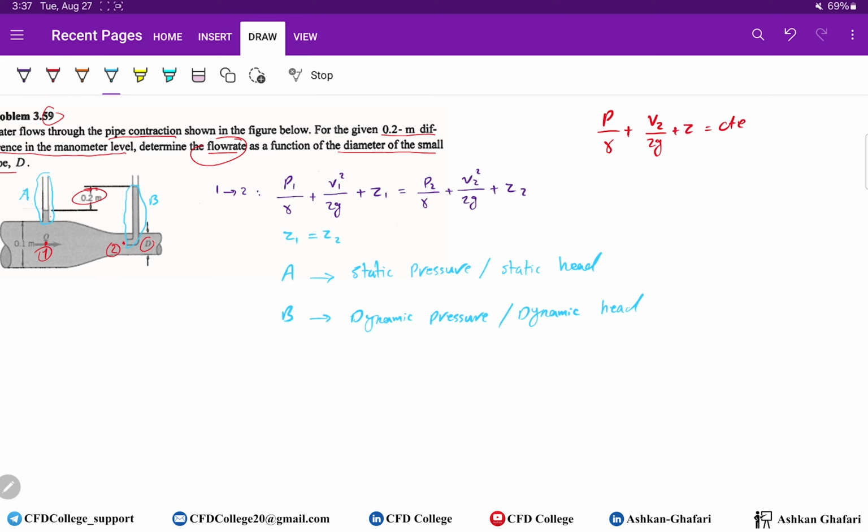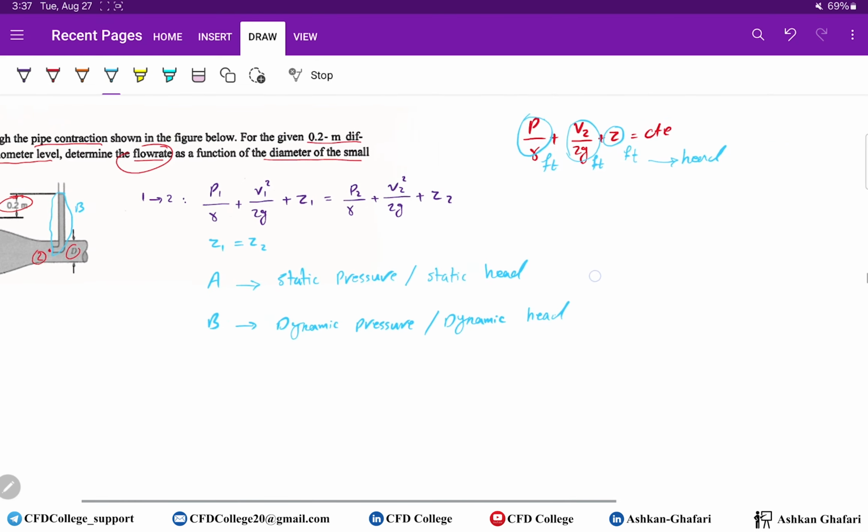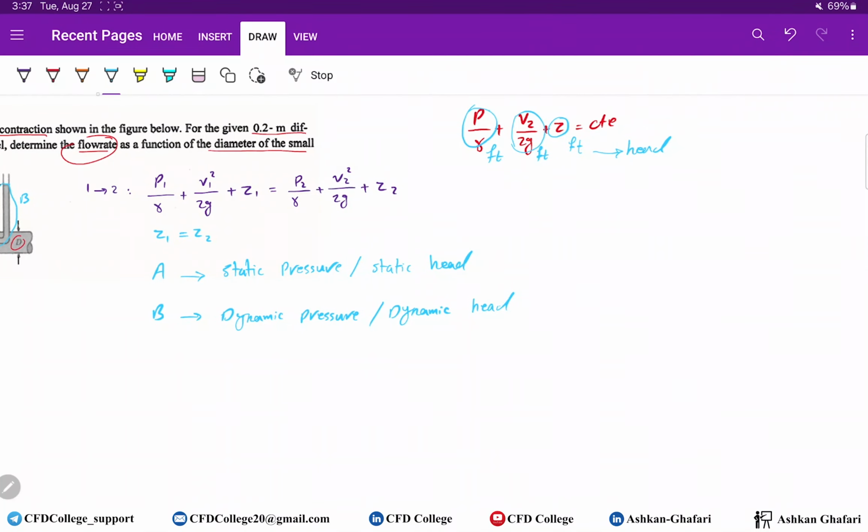If you pay attention, the unit of all these terms is feet. We call these terms a head. This is pressure head, this is velocity head. So this type uses the heads.